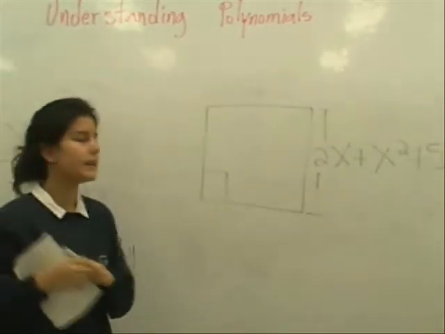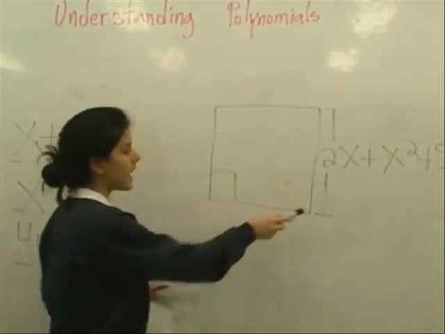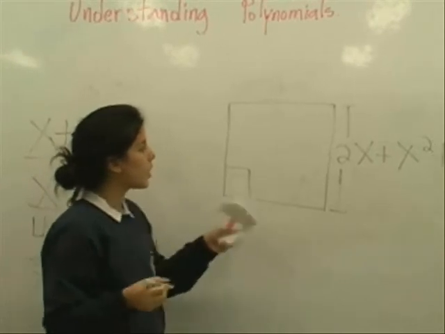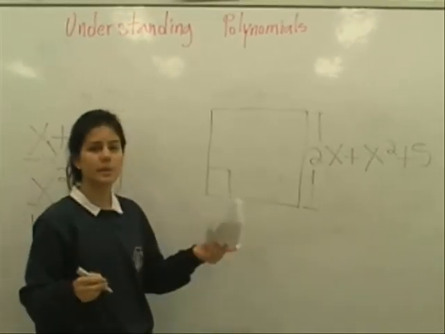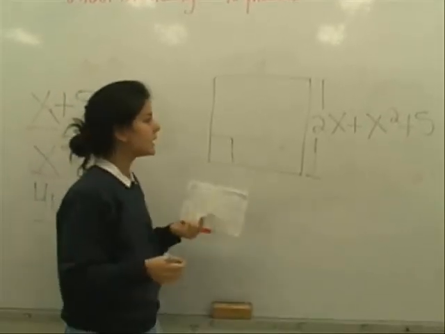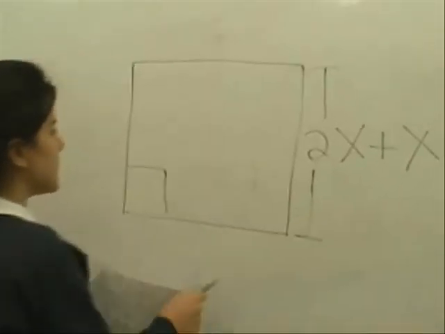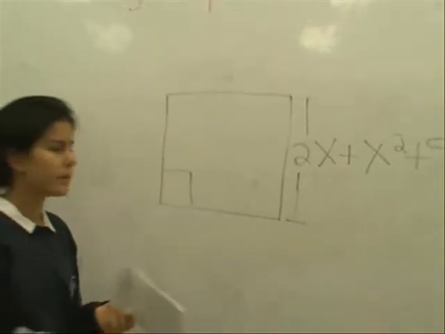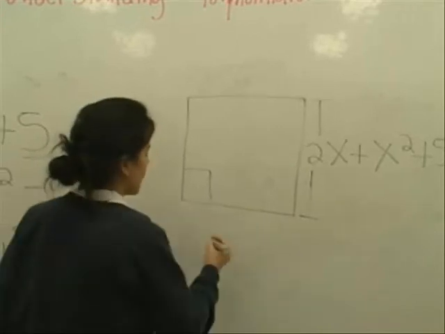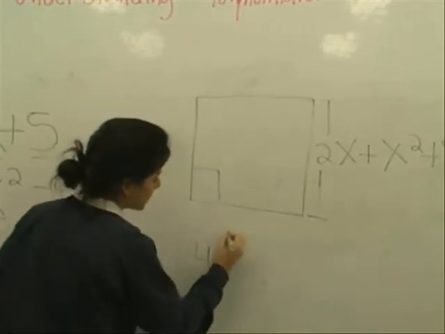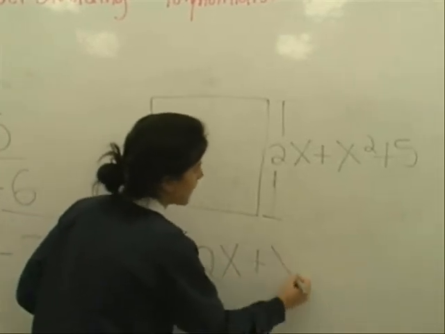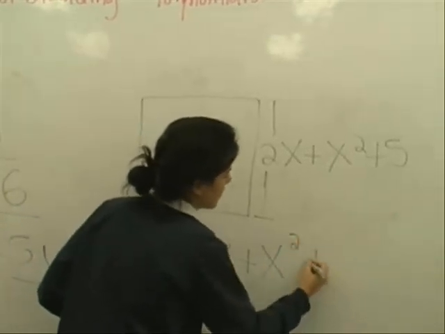So we know that if this is a square, all of its sides have the same measurement. So we want to find the perimeter of this square. And what we have to do is to add all of the sides of the square, or just multiply this by 4. 4 times 2x plus x squared plus 5.